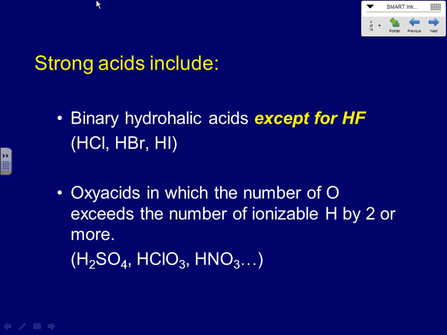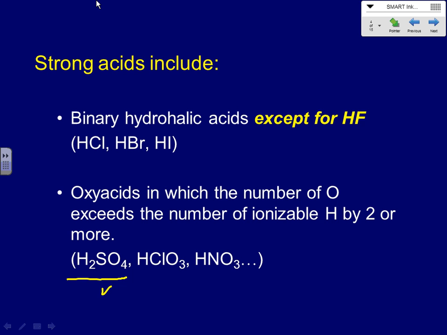The number of O's exceeds the number of ionizable hydrogens by 2 or more. So if we take a look here, right, at the H2SO4, there are 2 H's and 4 O's. The number of O's is greater than the number of H's by 2 or more. So 2 and 4, yes, there's 2 more O's than H's.